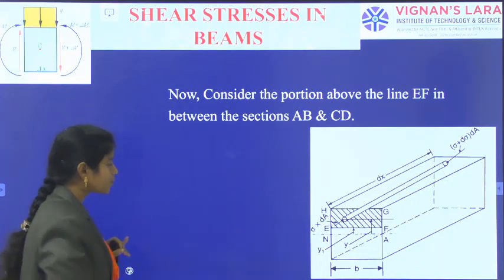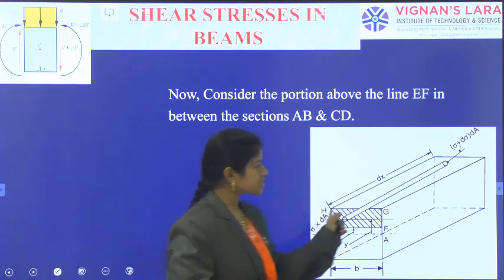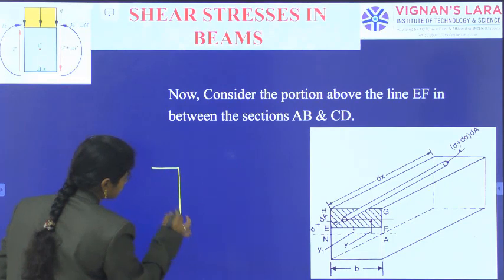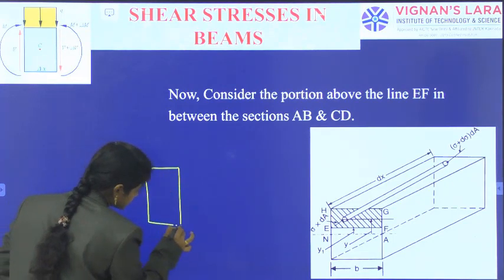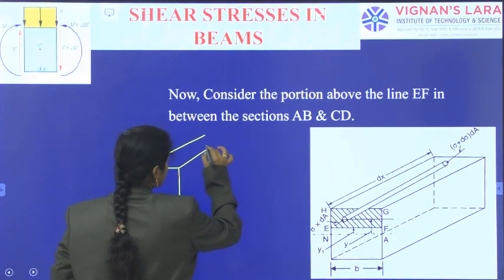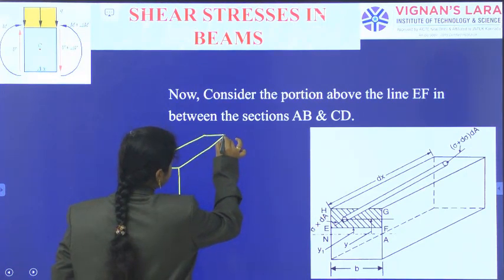Now, I am considering only the rectangular portion. This one is the AB section, over a length of dx.